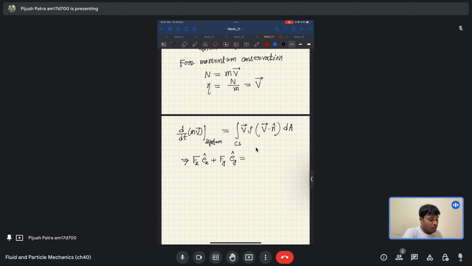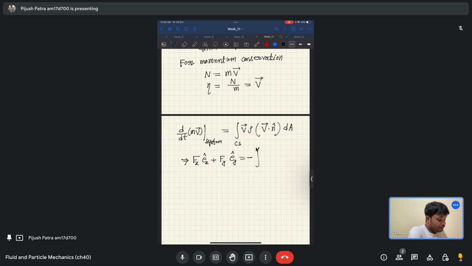And v only has the x velocity. So let us first evaluate the integrals considering only the average velocity. Then to do the actual velocity, we just need to multiply the momentum correction factor accordingly at the inlet and the outlet. So that will give us the correct answer. So Fx ex plus Fy ey. This quantity at the inlet will be negative.